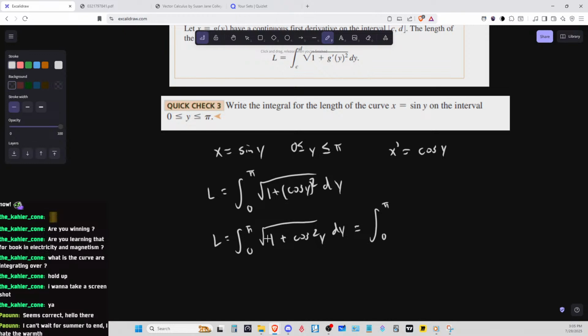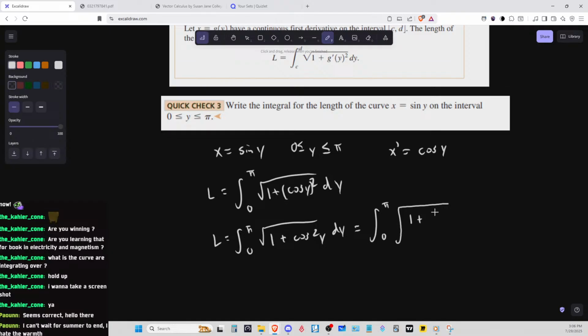Yeah, the square root basically makes things a little bit inconvenient. Or maybe I have to change the cosine squared into something else, because cosine squared seems to have a lot of identities. Maybe that's the thing we have to do.